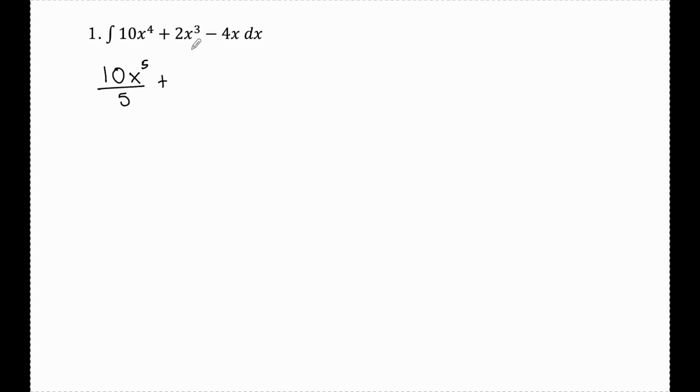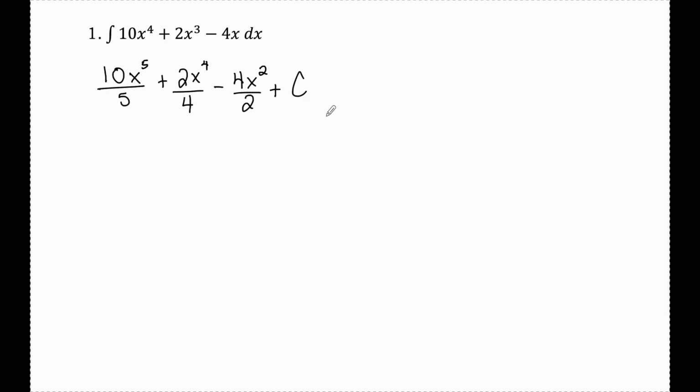I'll do the same thing to the 2x cubed. I add 1 to the exponent, and I divide by that new exponent. Last, carry down the 4x, I add 1 to the exponent, so now it's squared, and I divide by that new exponent, 2. When we integrate, we have to remember to add in a plus c.